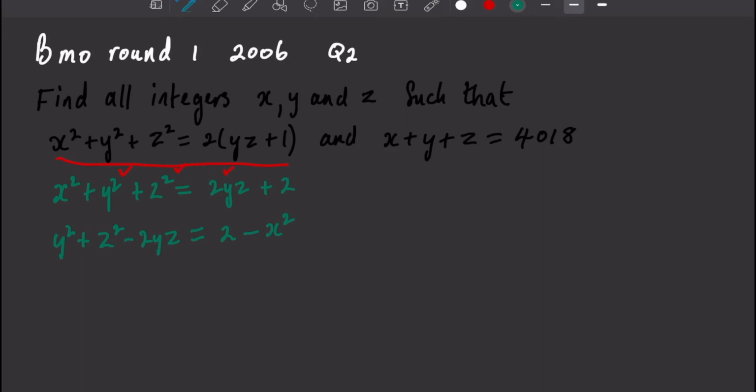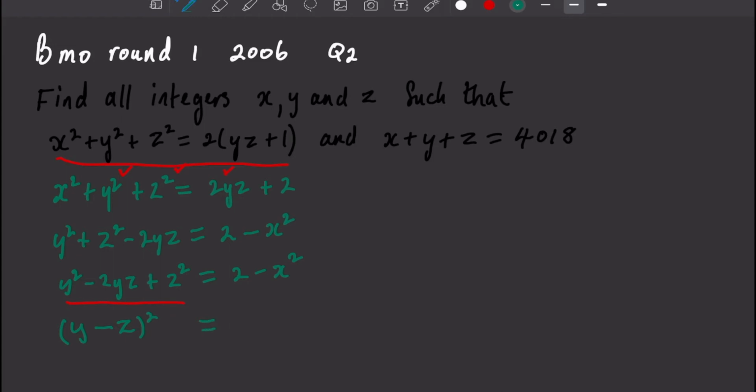Now the key here is I noticed that y squared minus 2yz plus z squared, the left hand side, we can make a perfect square. So this becomes y minus z all squared.